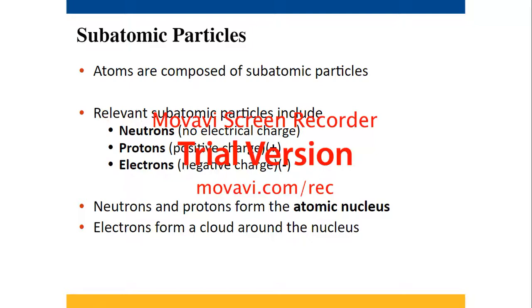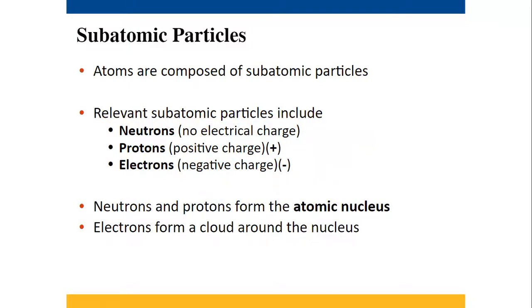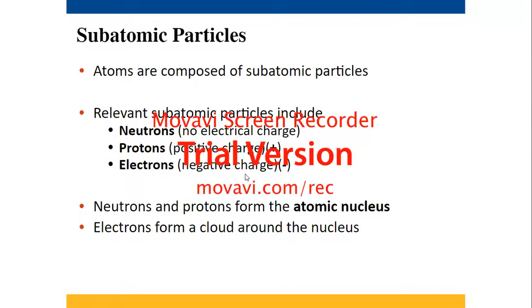Then surrounding the nucleus, you have the electrons, which are negatively charged. So the protons and neutrons are in the nucleus, and surrounding the nucleus you have an orbital cloud of electrons.